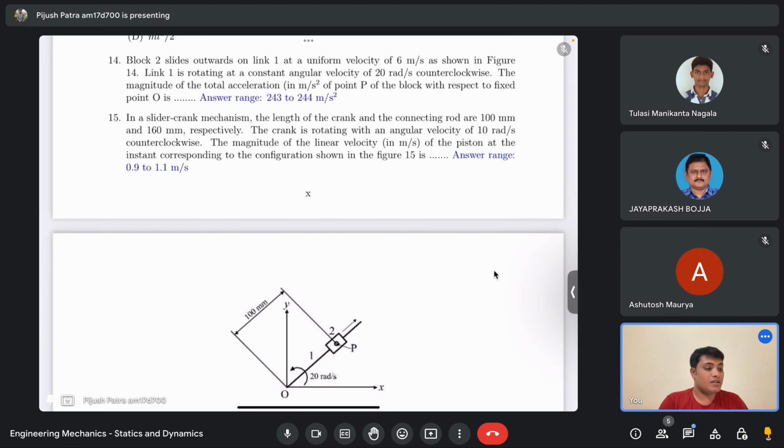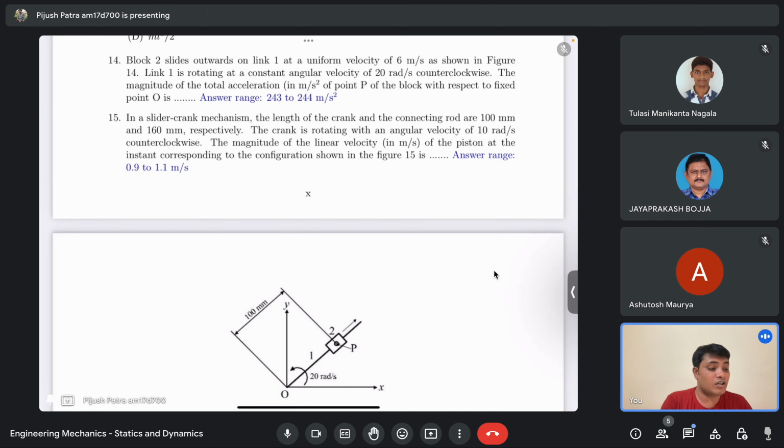You are right. Now come to the second question: the block is also sliding along the rod. As the block is sliding along the rod, it will feel another acceleration, called the Coriolis component of acceleration.